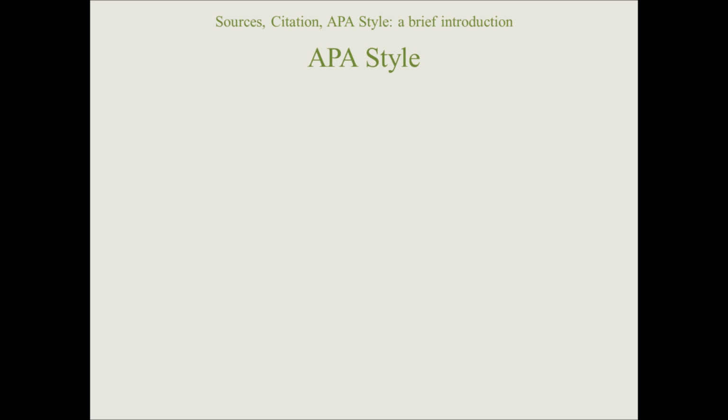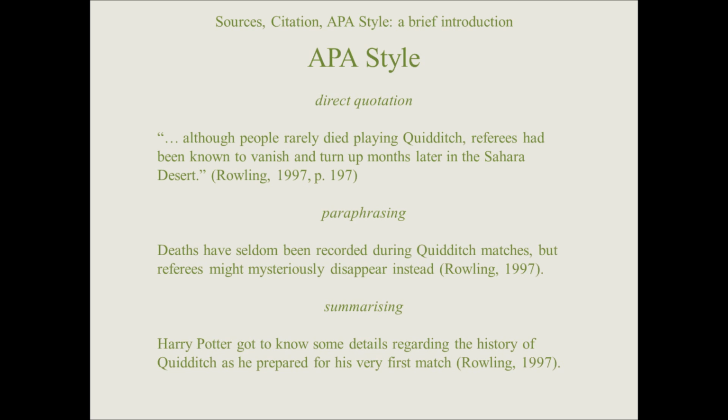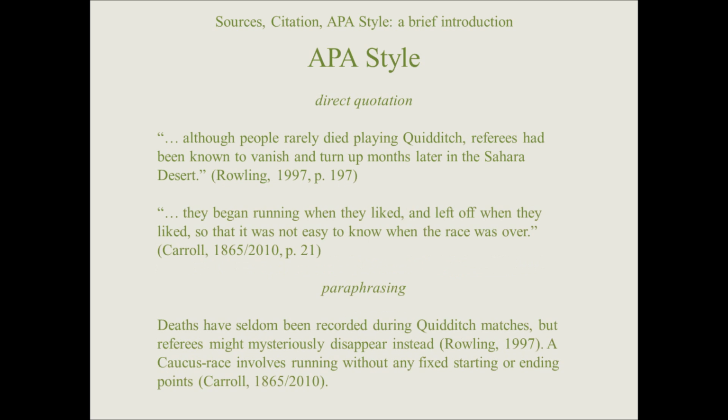When you present the information from the source, whether as a direct quote, a paraphrase, or a summary, the name of the author and the year of publication are given in parentheses at the end of the information from the source. Those parentheses, by the way, could be at the end of a paragraph, or it could be within a paragraph if that paragraph continues, for example, with another source for some other information.